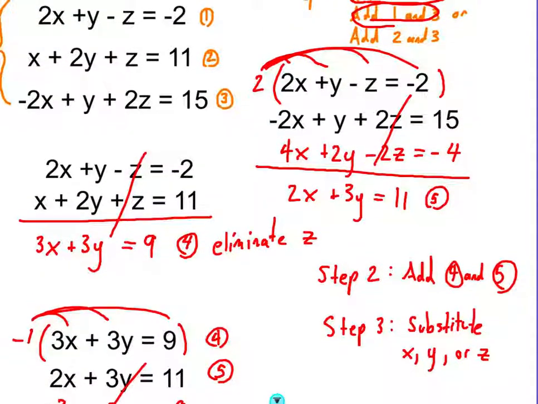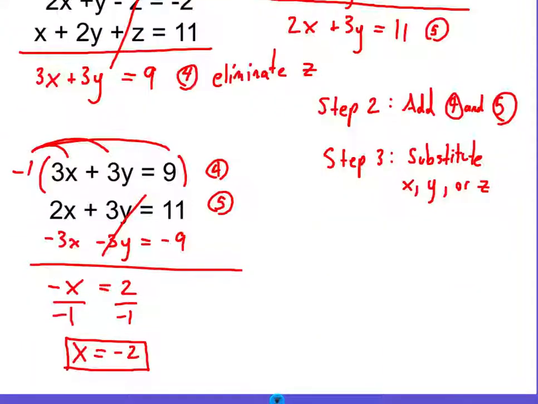So we started by eliminating z, and we ended up by solving x. So that means we're going to substitute x into equation 4 or 5. It's up to you to pick which one you want, as long as it's equation 4 or 5. So we're going to pick equation 5, and we're going to substitute negative 2 in for x.